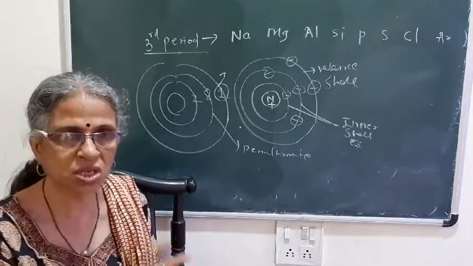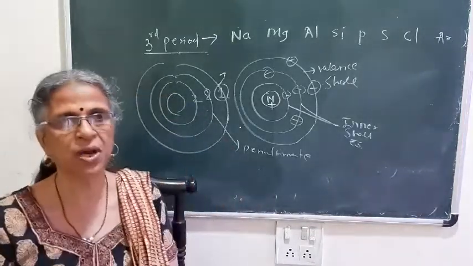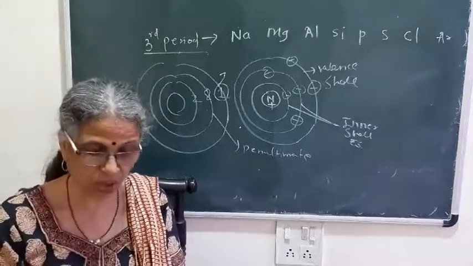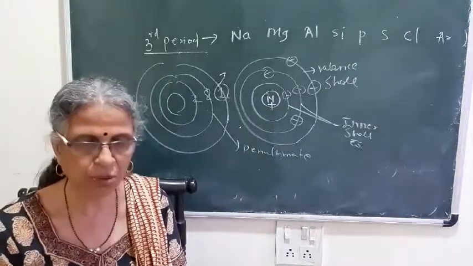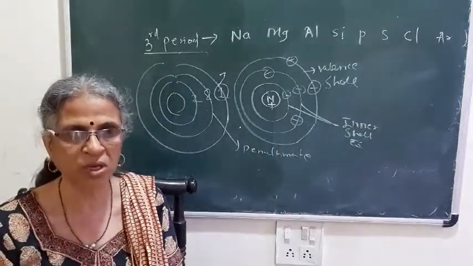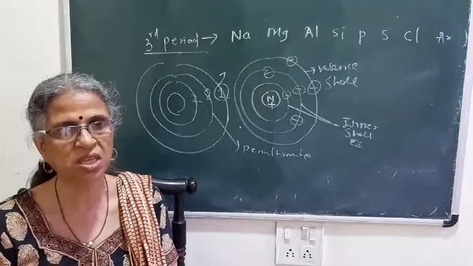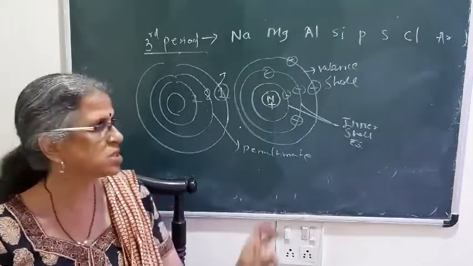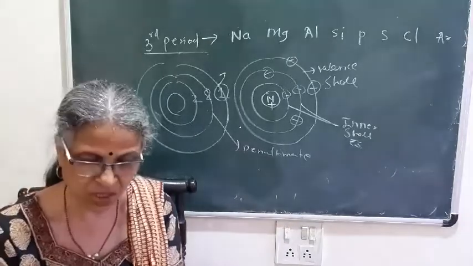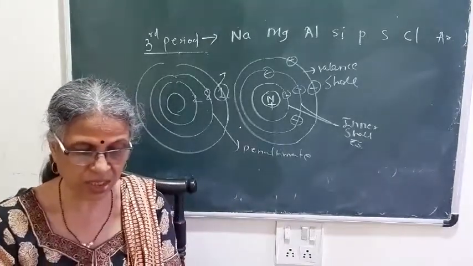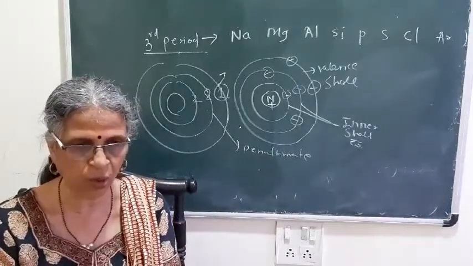So due to this also, the tendency of a metal atom to lose electrons increases, and therefore the metallic character increases down the group. So two reasons: increasing atomic radius and stable cation formation, you can tell as the reasons for increasing metallic character down the group.